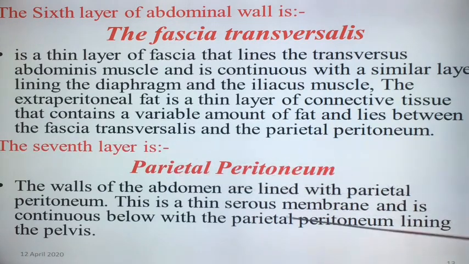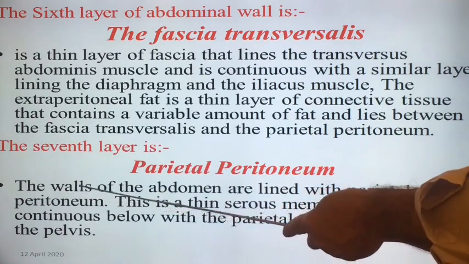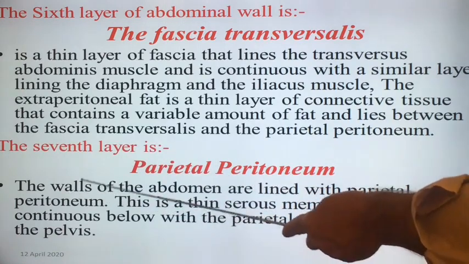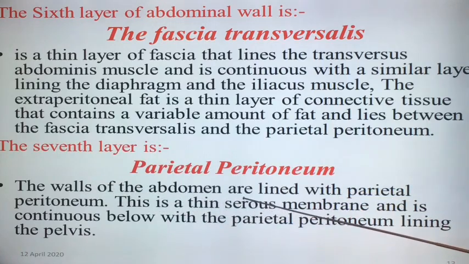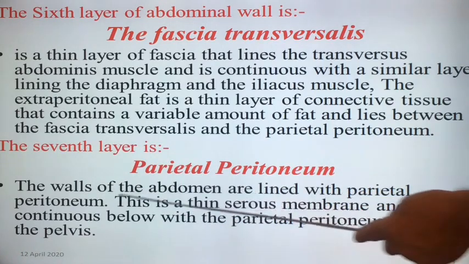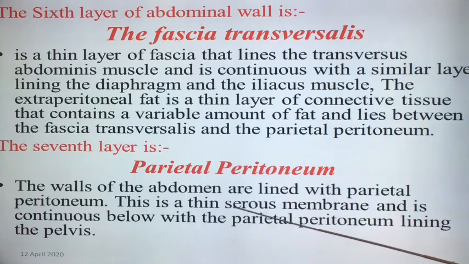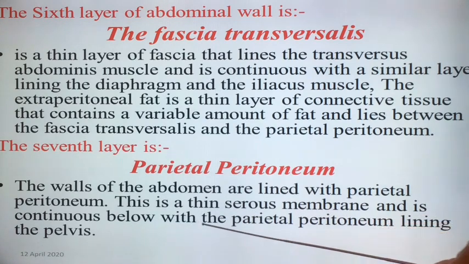Parietal peritoneum, because we have two layers of peritoneum, visceral and parietal. This is the parietal, which is lining the walls. All of the abdomen is lined with parietal peritoneum. This is a thin serous membrane and continuous below with the parietal peritoneum lining the pelvis.